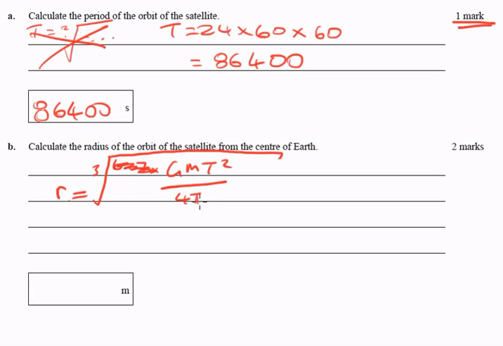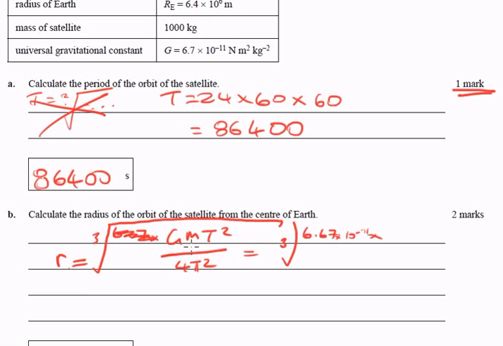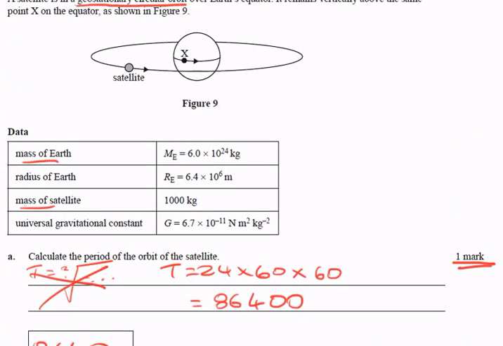over 4 pi squared, which equals the third square root of 6.67 by 10 to the minus 11. That's G, times M. Which M is it? We've got a mass of a satellite, and we've got mass of the Earth. That big M is always the mass of the thing in the middle.